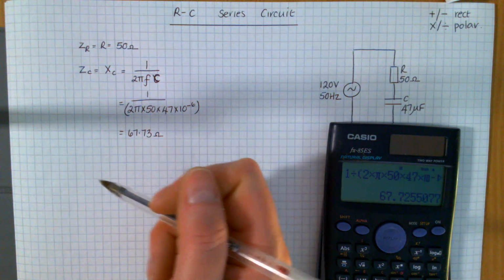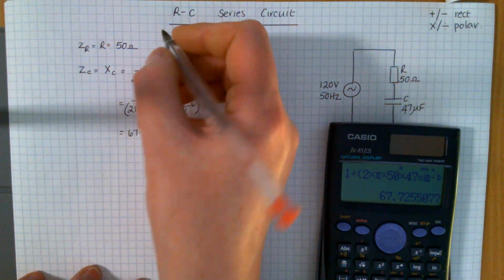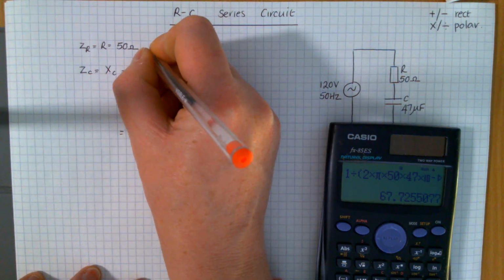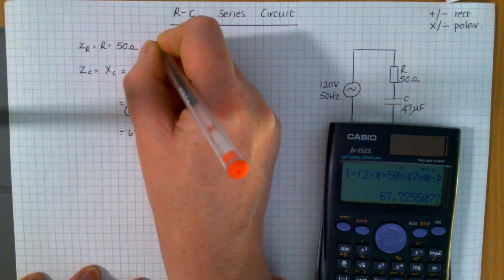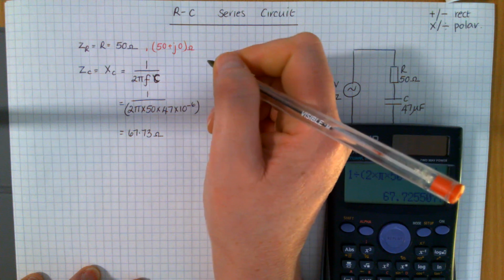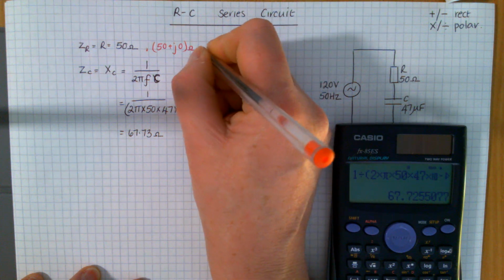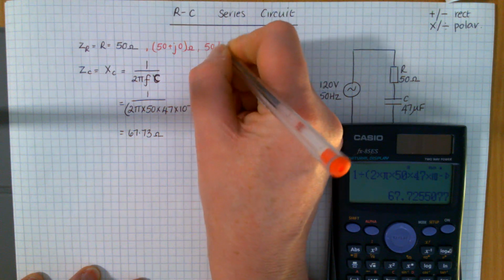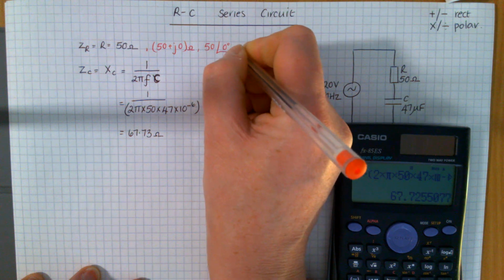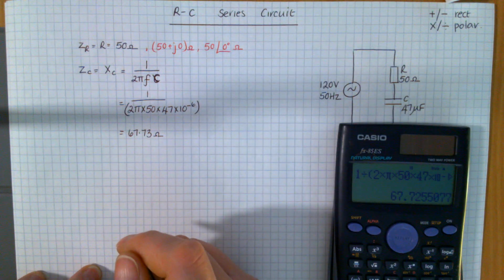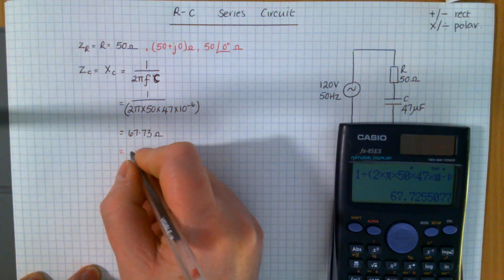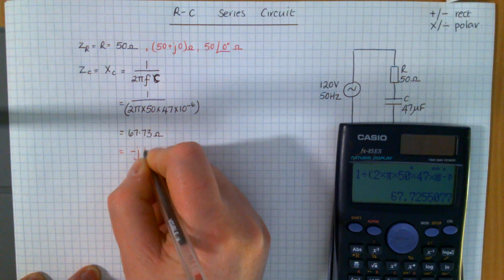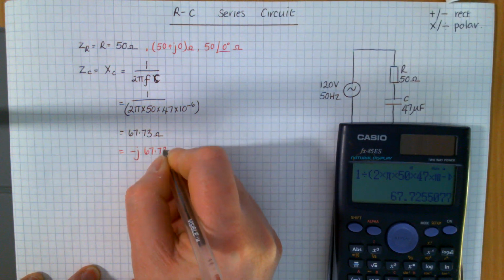So these are both just values, but to have these as complex numbers, your resistance 50 ohms, that's 50 plus J0 ohms in rectangular. It's 50 at an angle of 0 ohms in polar form. This 67.73 is a minus J 67.73.